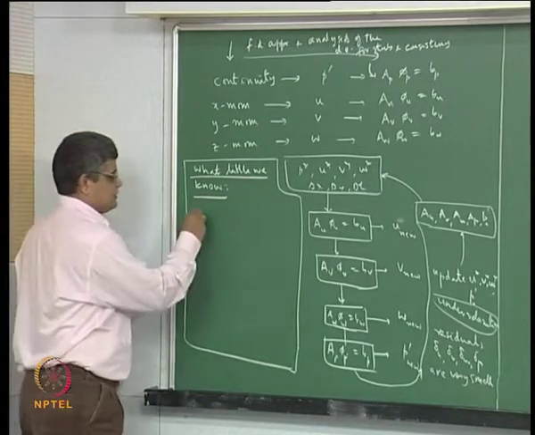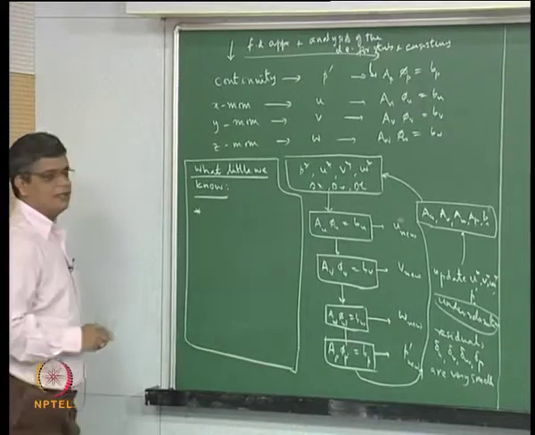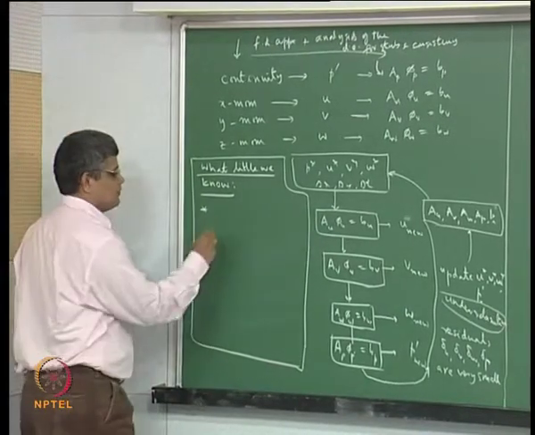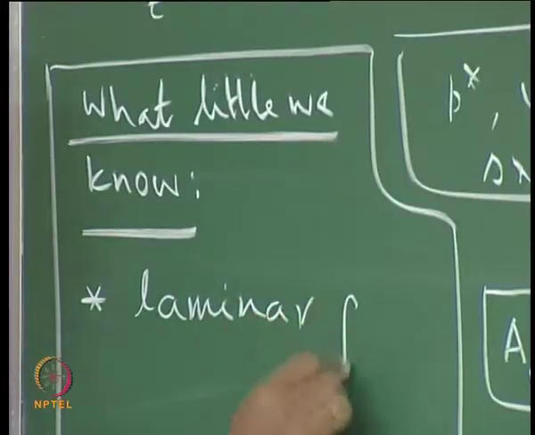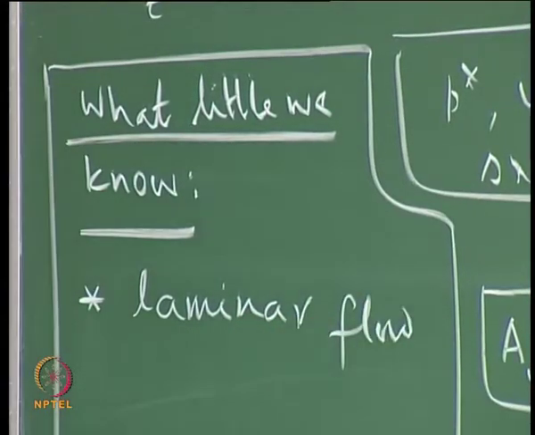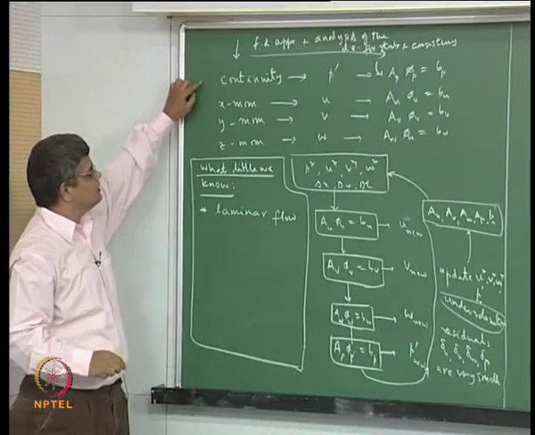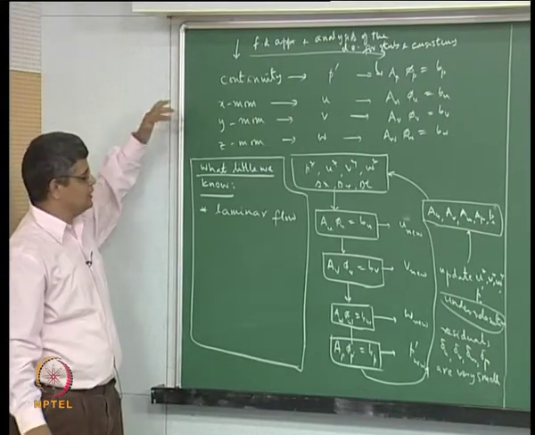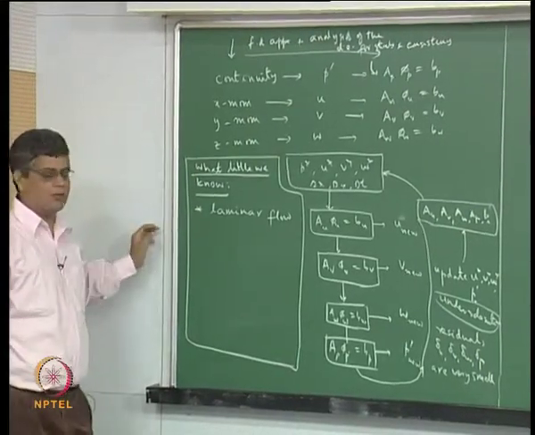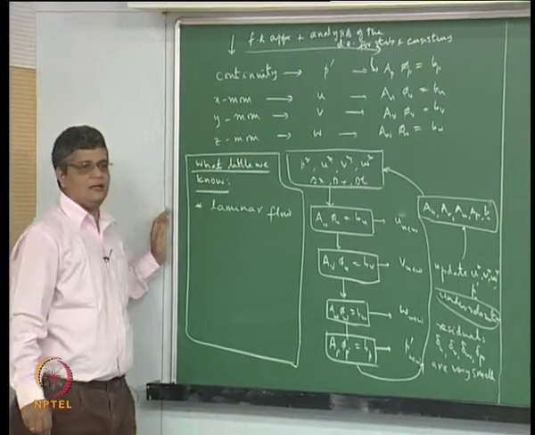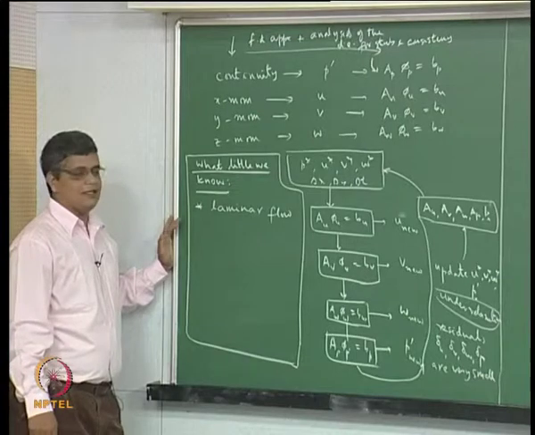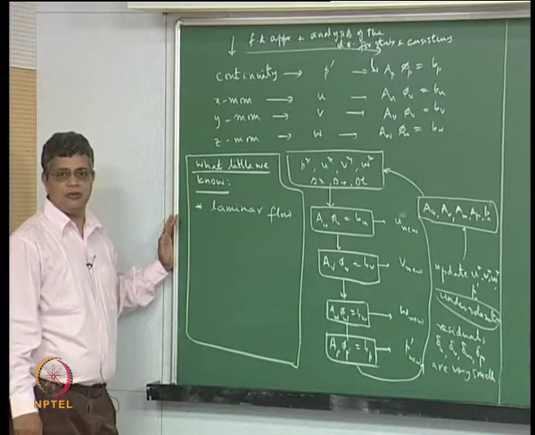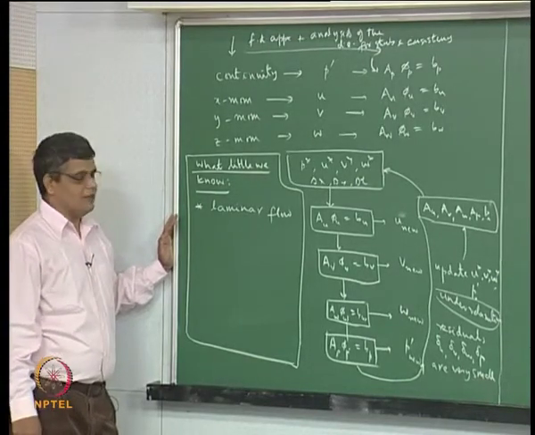The first thing that we should say is that we have done equations only for laminar flow conditions, because we are solving the continuity and the momentum equations, which are specifically for laminar flow, and we all know that when the Reynolds number increases, then the laminar flow solution is no longer applicable.